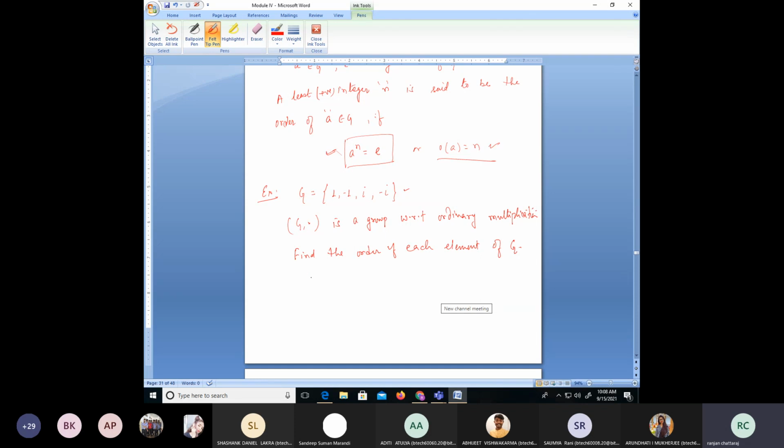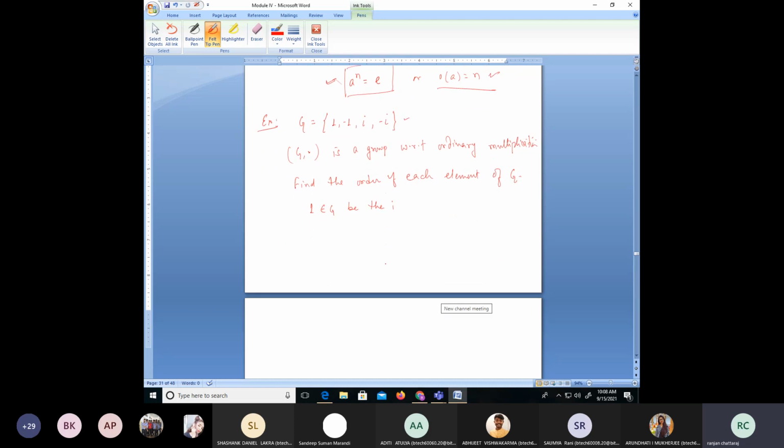So 1, which belongs to G, is the identity element. Now, let us find the order of each element.